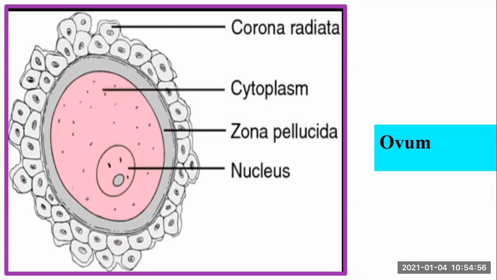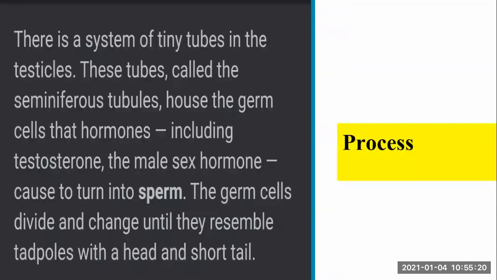So these are the parts, as well as the general cytoplasm of the cell and the nucleus. The nucleus contains the genetic material, whereas these two layers are just coverings, and they provide the nutrition and whatever material is required for its survival, as provided by the other layers that you can see here.